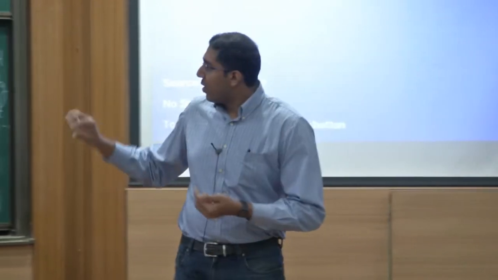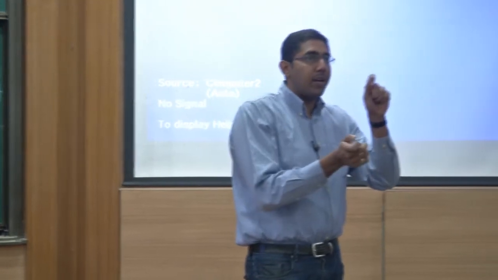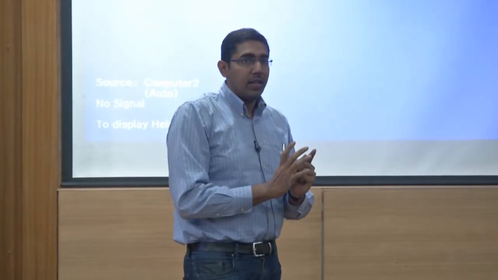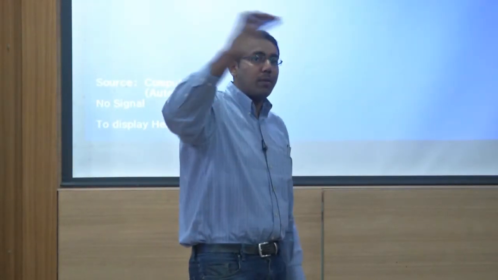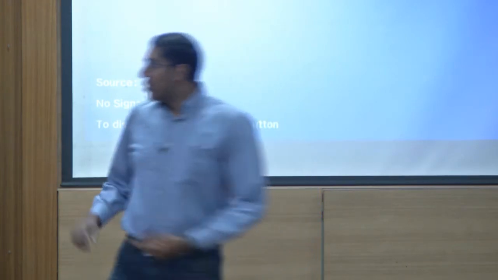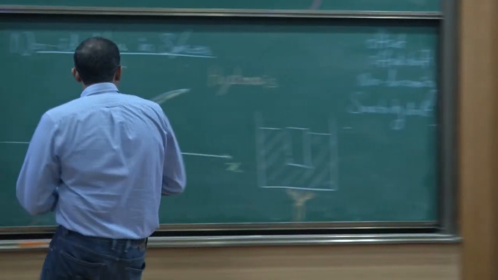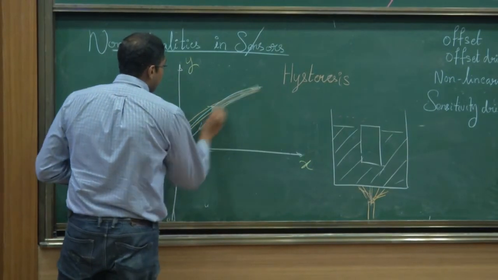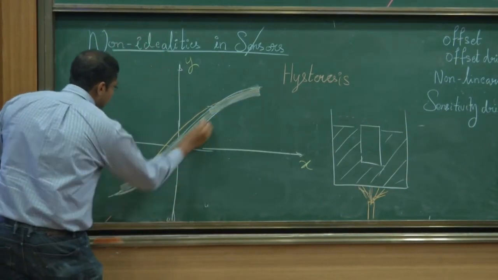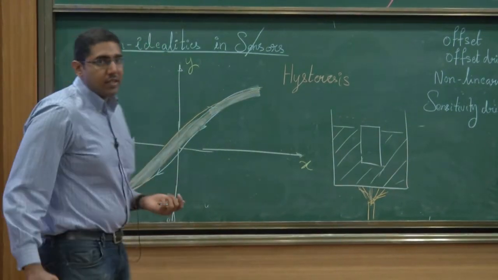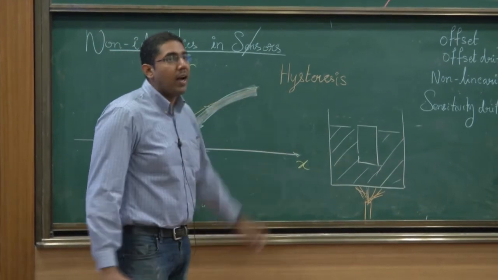So you might not get two nice separated curves, but a band of possible changes. So rather than this, you might actually see something like this. It could take any path in this band.